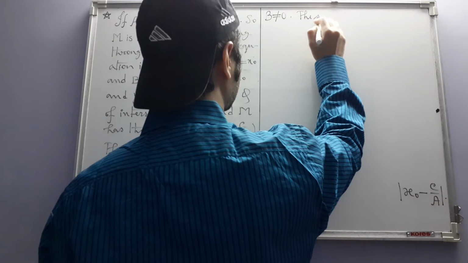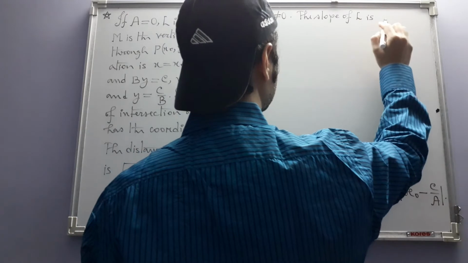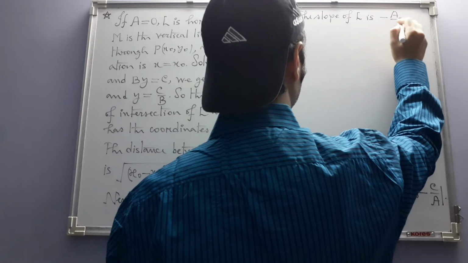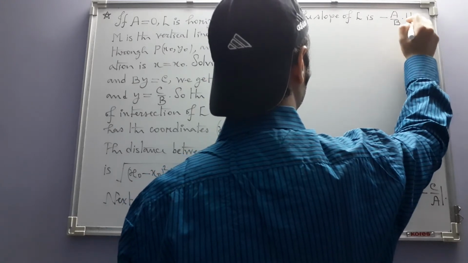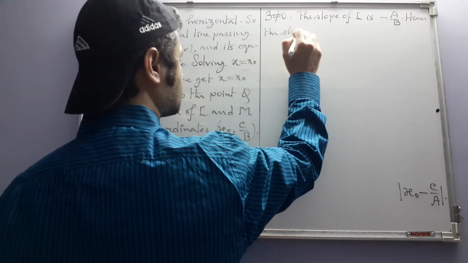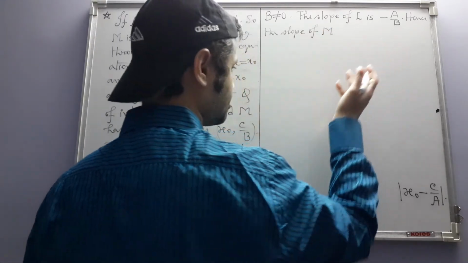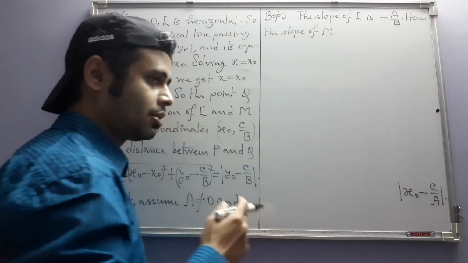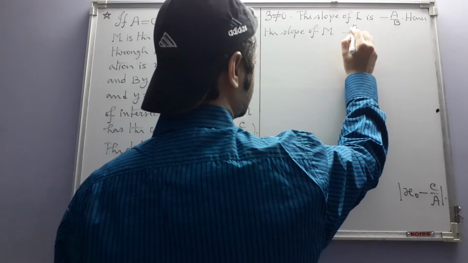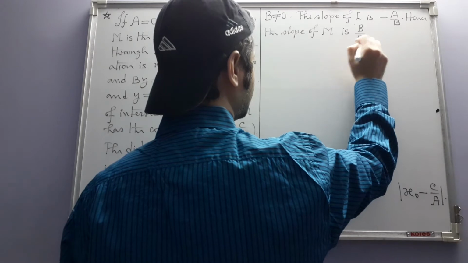The slope of the line L is, again just like before, from ax plus by, so this is minus a divided by b. Hence the slope of the perpendicular line M, this time that slope of M is also defined because L is not horizontal. This is b divided by a.